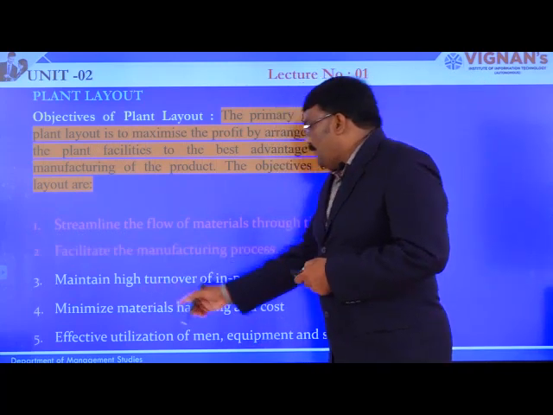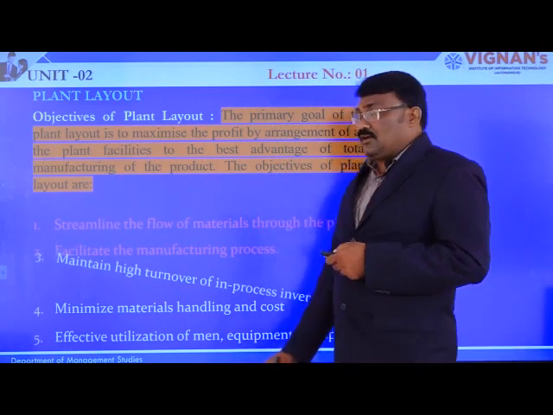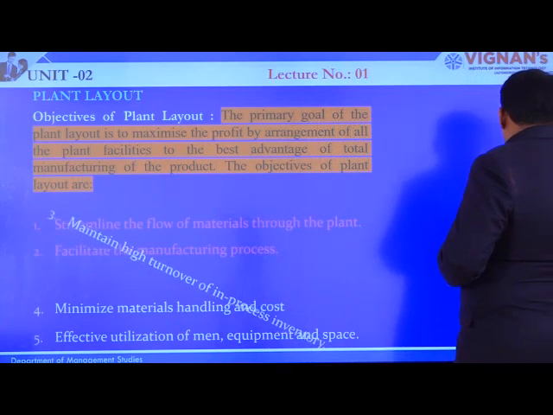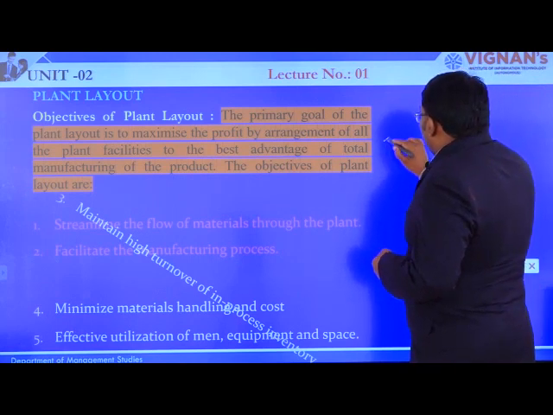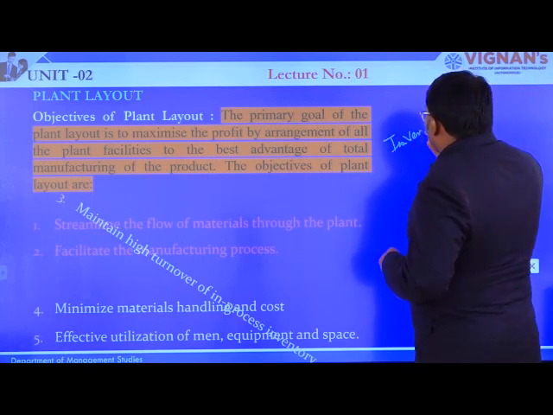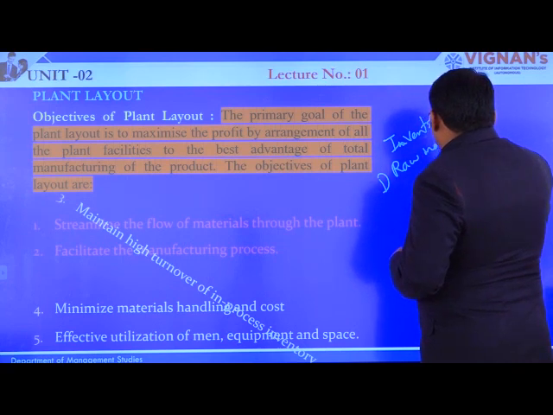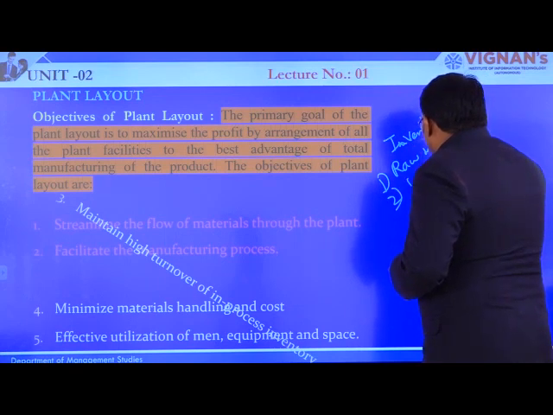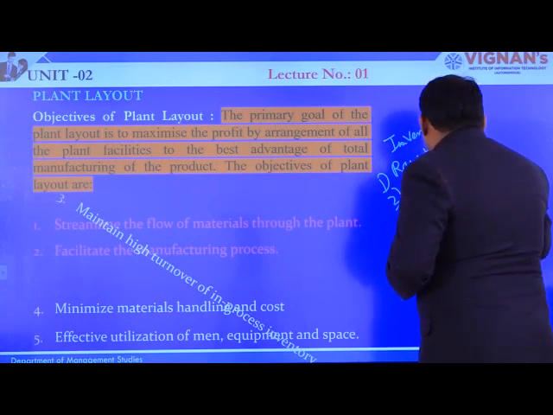Third objective, maintain high turnover of in-process inventory. Now, what do we mean by in-process inventory? See, inventory is of 3 types. First one, raw material. Second one, work in progress. And third one, finished goods.